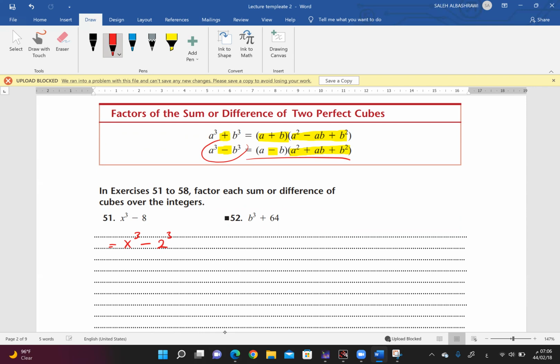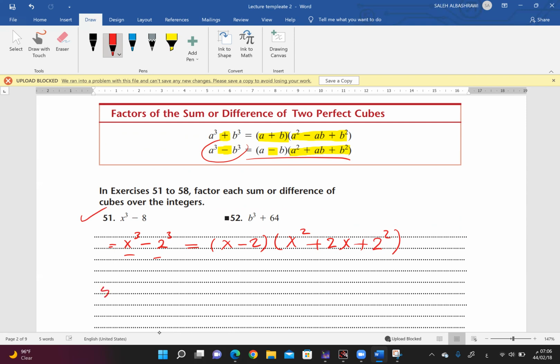That can be written as a minus b, which is x minus 2, multiplied by x squared plus a times b, which is x times 2, so 2x, plus b squared, that is 2 to the power 2, which is equal to 4. So this is how to factor x cubed minus 8, where 8 is 2 to the power 3.